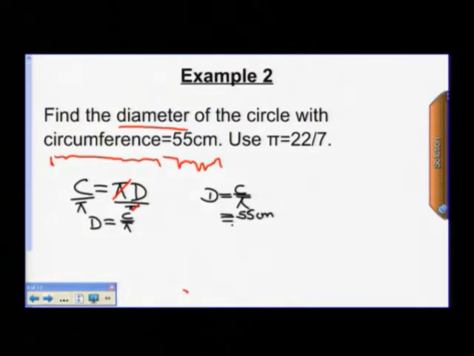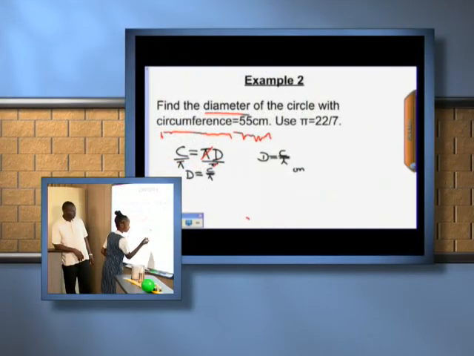Put the line. No. Divide here. Sorry. Let's put that here. Yeah, so divide here, divide by pi, which is 22 over 7.